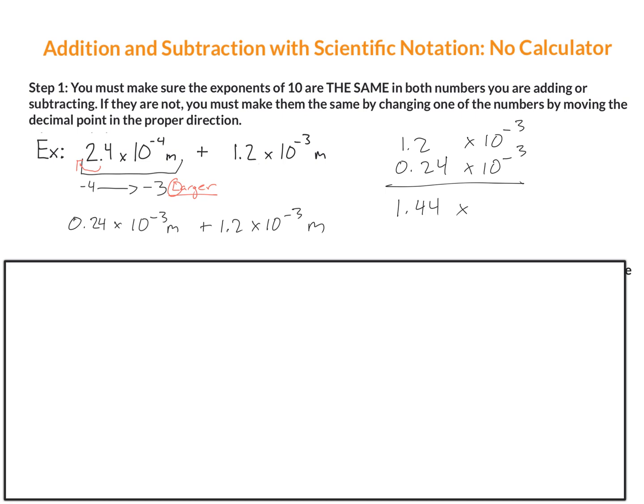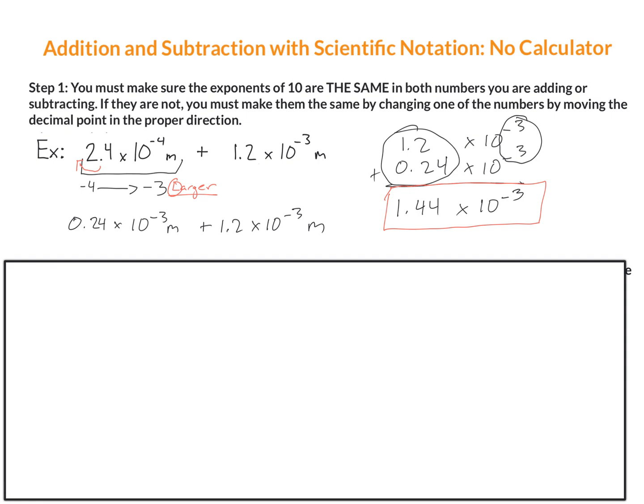And then the numbers we add are just the numbers here. And then we use the exponent that we started with, times 10 to the negative 3. You don't add these, you don't subtract them, they just stay what they are, times 10 to the negative 3. And that is your answer. See how easy that is?